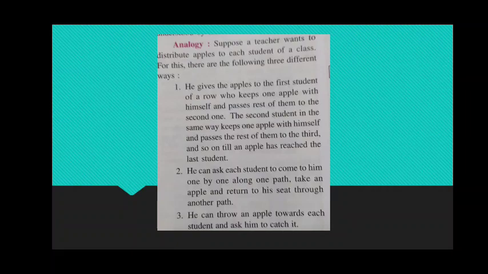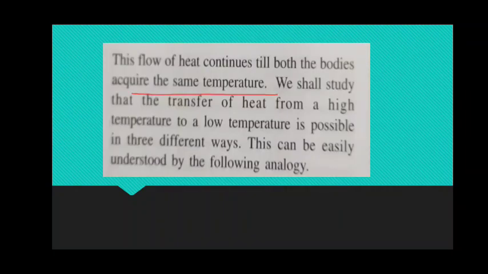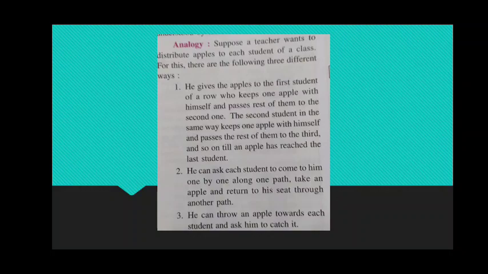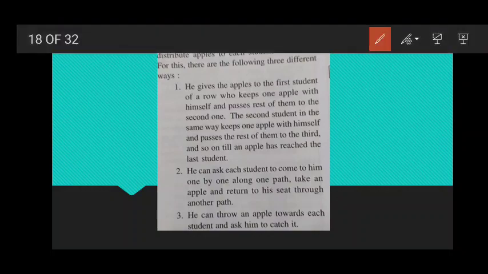First, the teacher gives the apples to the first student of a row, who keeps one apple and passes the rest to the second. The second student in the same way keeps one apple and passes the rest. Then the third one keeps one apple and passes the rest.